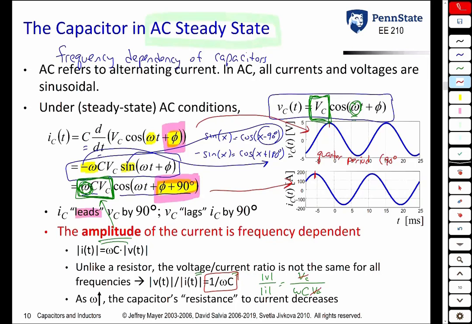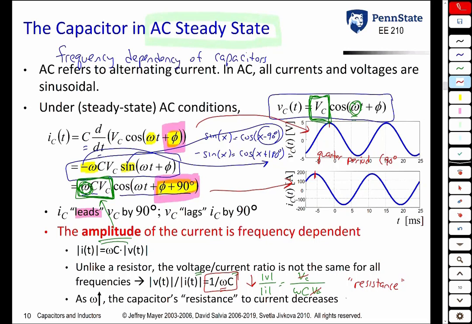If you think about what voltage over current means, with the resistor, V over I is a resistance. So what this is telling us with the capacitor is its resistance, and I'm going to put resistance in quotes because it's not really a resistance. Its resistance is frequency dependent. As the frequency goes up, this ratio of voltage to current goes down.